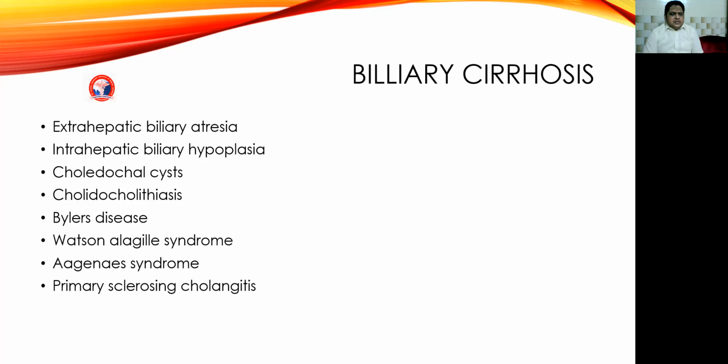In biliary cirrhosis, we have extrahepatic biliary atresia, intrahepatic biliary hypoplasia, choledochal cyst, choledocholithiasis, Byler's disease, Alagille syndrome, and primary sclerosing cholangitis.